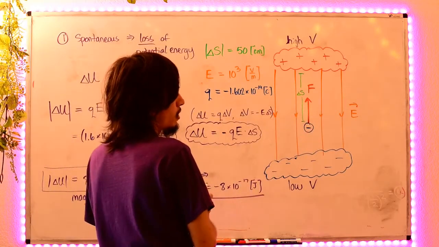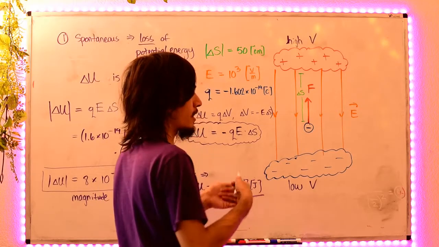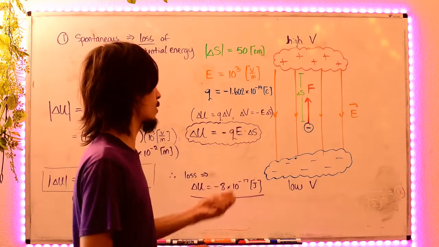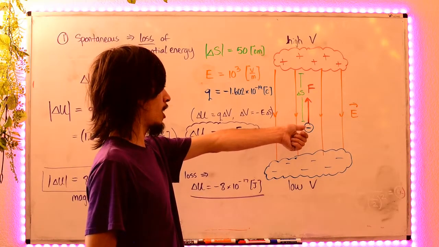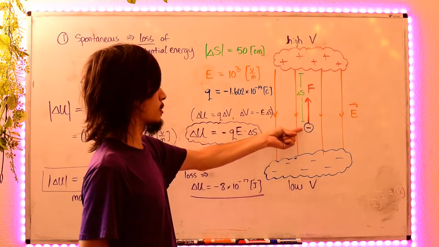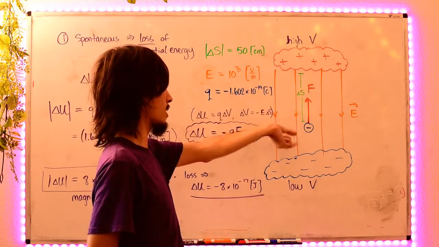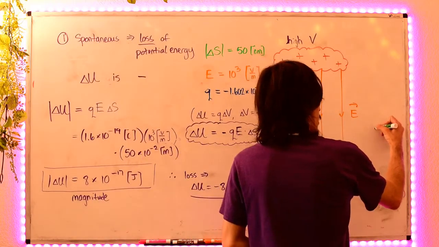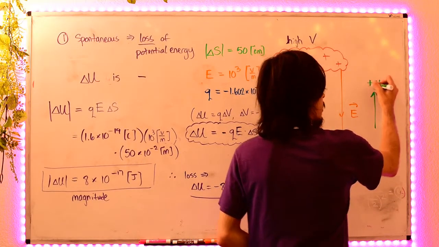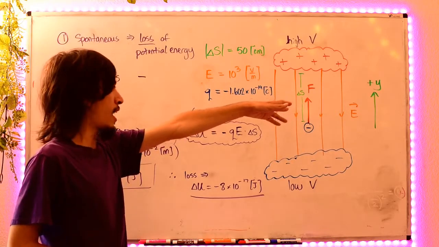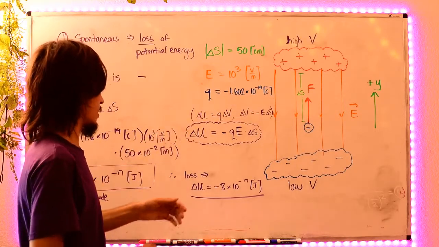I am just going to make it so that a particular direction, either with or against the electric field, is positive. So since I know in this diagram that I drew here that spontaneous movement would correspond to movement upwards towards the positive region, I would just say, oh, let's just make positive up. Why not?